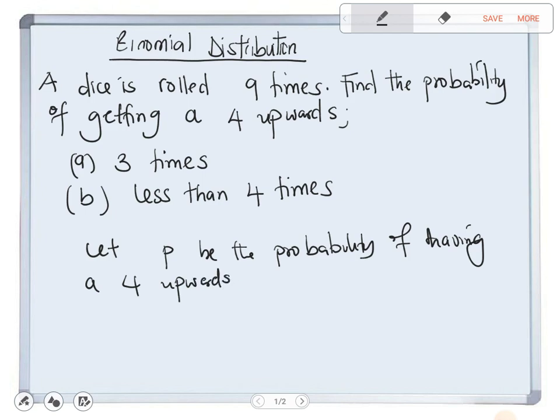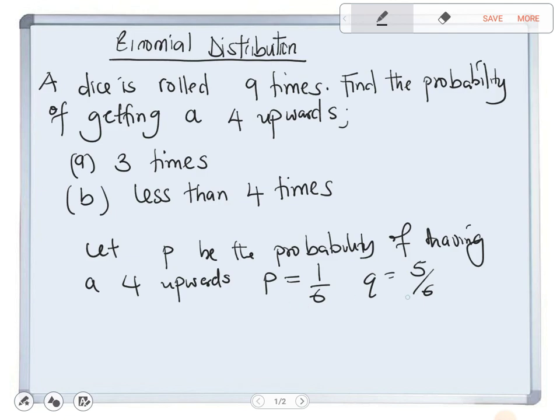That means 4 only comes once, so P is equal to 1 over 6, since there are 6 sides on a dice. This is our probability. Then Q will be the probability of not having a 4 upwards, which will be 5 over 6. So we subtract 1 over 6 from 1, we get 5 over 6.